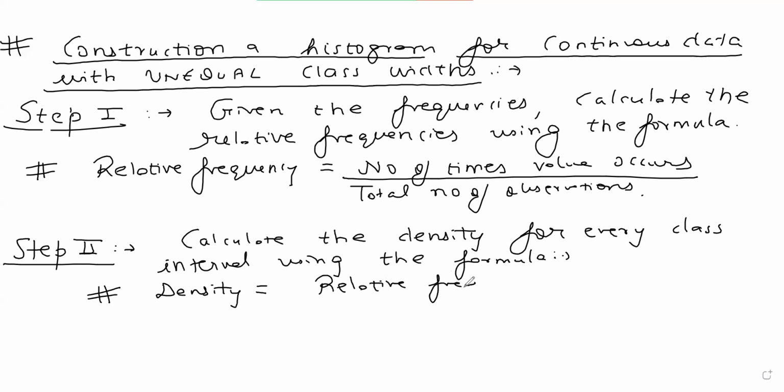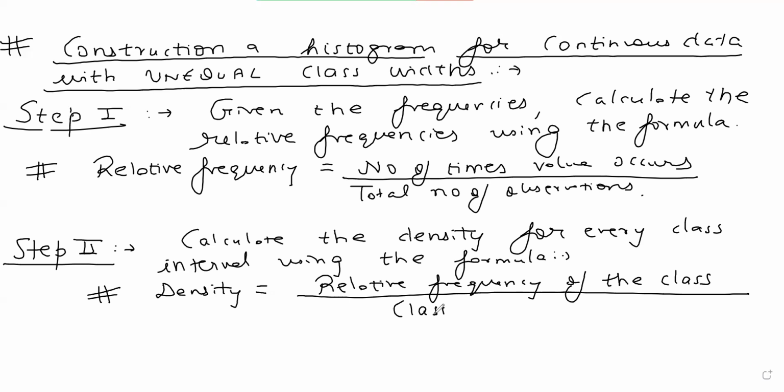Relative frequency is something which I will calculate from step number one. What is class width, guys? The upper limit minus the lower limit. That is going to give me the density.